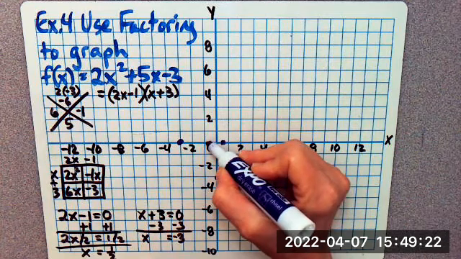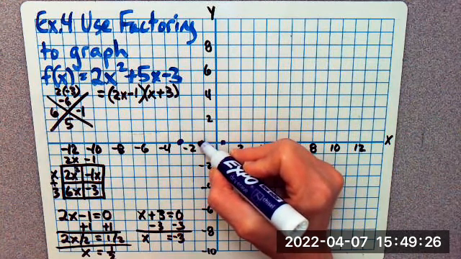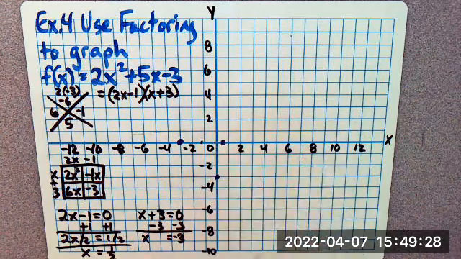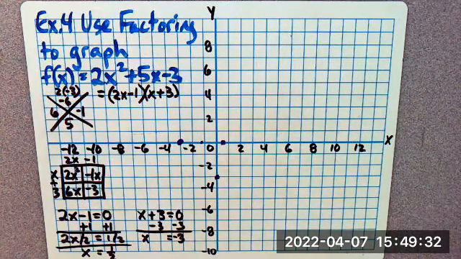So 1 plus the half is here, plus 0.25 is right about here. So we've got an axis of symmetry that's halfway here. So we can graph that.